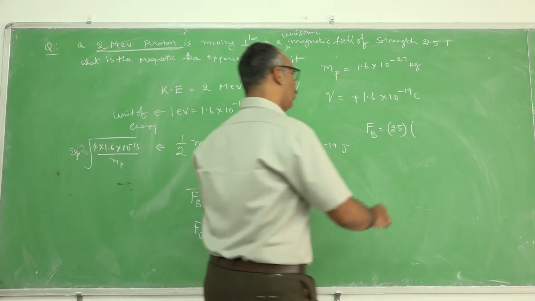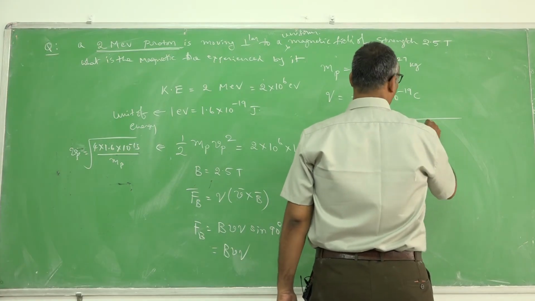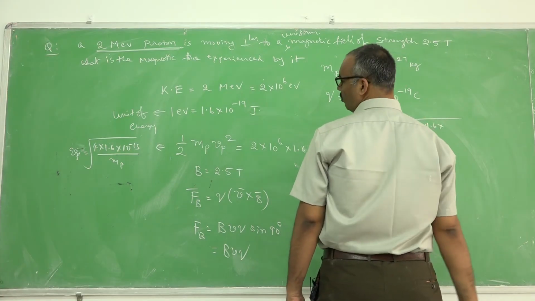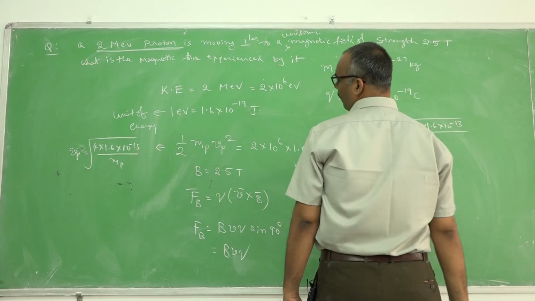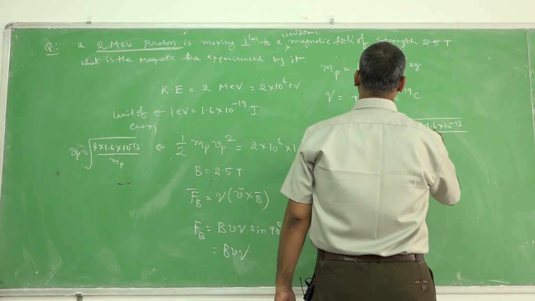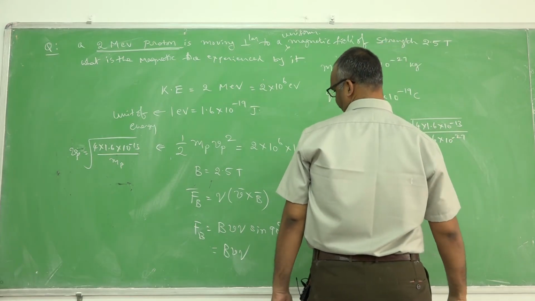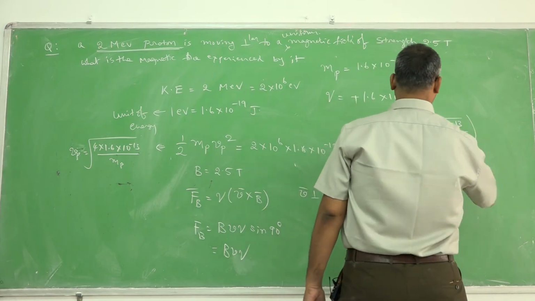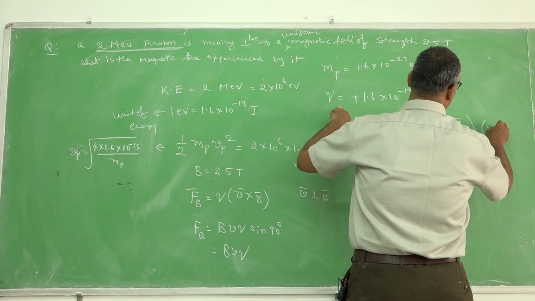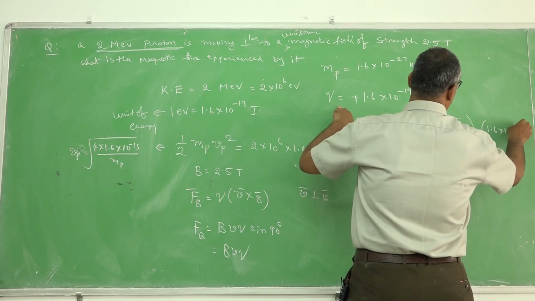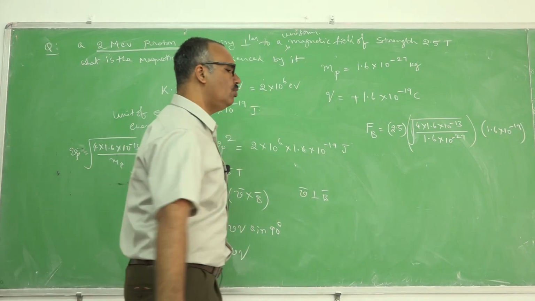So square root of 4 into 1.6 into 10 power minus 13 by mass of proton, which is 1.6 into 10 power minus 27 kgs, into, this is the velocity, charge of proton is 1.6 into 10 power minus 19. This is the force experienced by it. Force is measured in newtons.